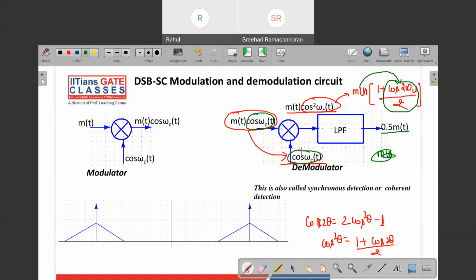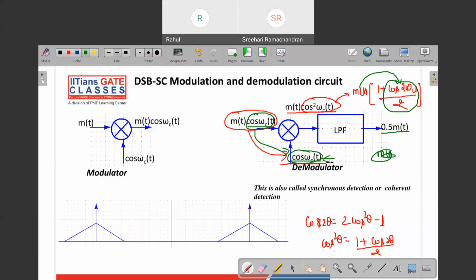And if they are apart by 90 degrees, like this is a cos and this is cos(ωct + 90°), that you can say is sin ωct, because sine and cos are 90 degree shifted versions of each other. If the input signal and this cos ωct are 90 degrees apart in phase, in that case you will never be able to recover your message signal.